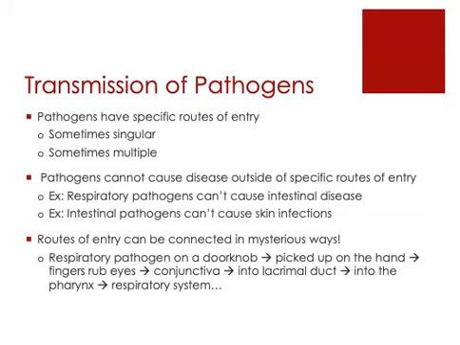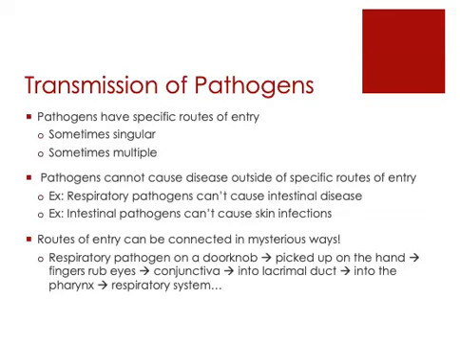It's a virus that infects respiratory tissue. It's unable to enter gastrointestinal cells. So if you were to take influenza virus into your gastrointestinal system, it would just pass through. It cannot cause disease outside of its specific routes of entry.